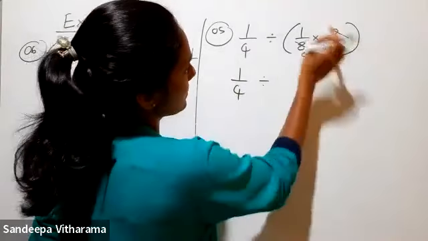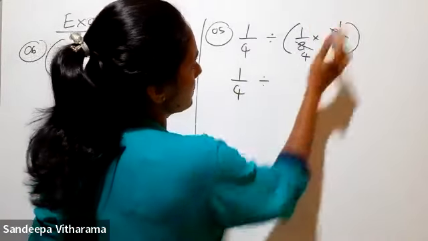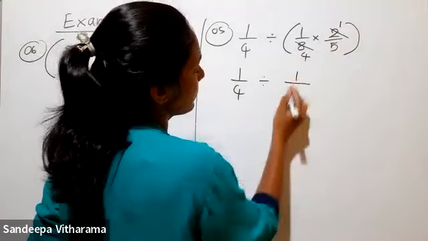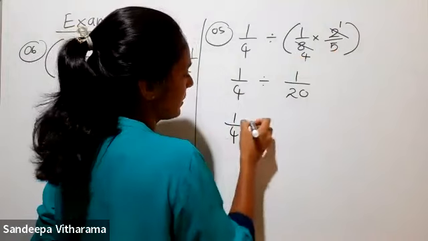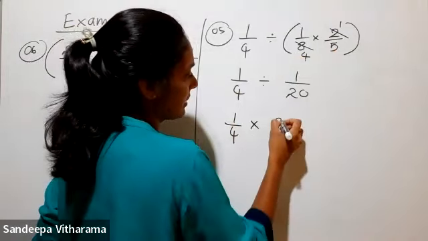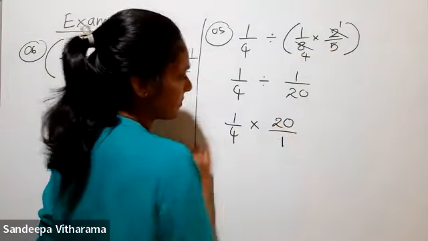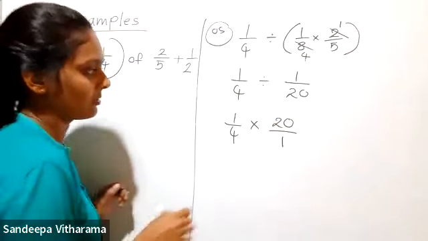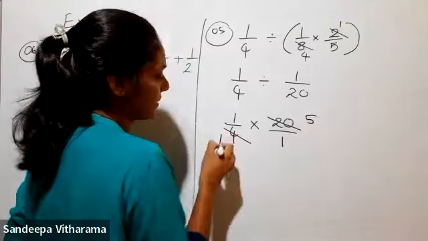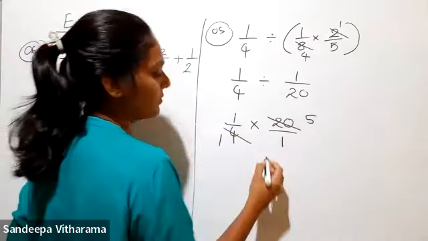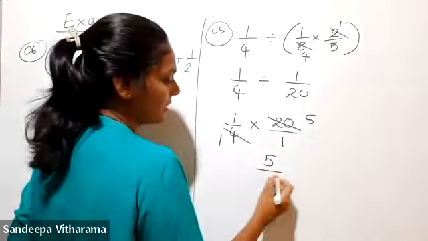So it is 1 into 1, it is 1. 4 into 5, it is 20. Now it is division. When you have to divide, multiply, and take the reciprocal of the second fraction. So now 20 divided by 4, it is 5. 4 divided by 4, it is 1. 1 into 5, 5. 1 into 1 is 1.